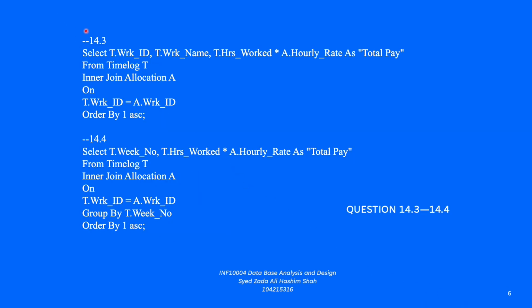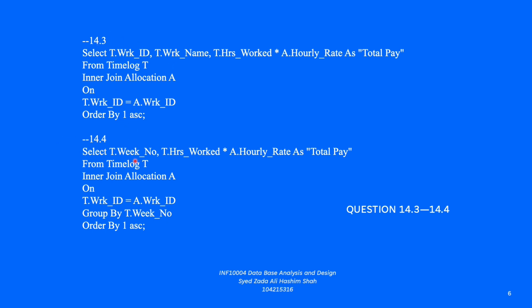For 14.3, select T.worker ID, T.worker name, T.hours, with the hourly rate as total pay, from the time log table, as an inner join on T.worker ID and A.worker ID, ordered in ascending order.